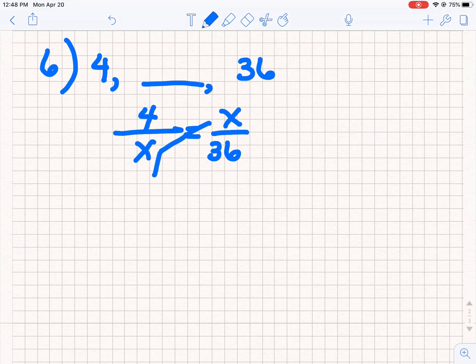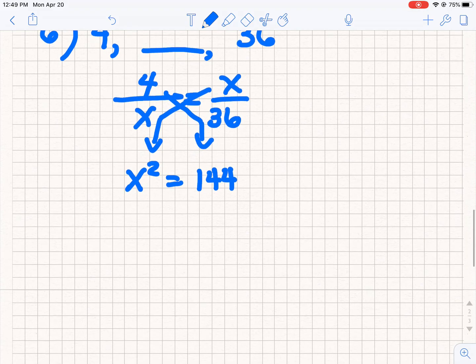Okay, we cross multiply here, get x squared, and then you do 4 times 36, and 4 times 36 is 144. Now some of you immediately jumped and gave me the answer 12, which is fine, except you forgot. When you square root a number, you square root both sides.